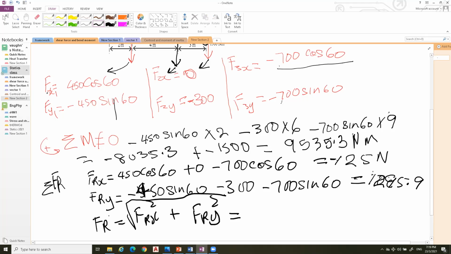Negative. All right. And as a result of that, you get minus 125 squared plus minus 1,295.9 squared, and then you take the root of that. What do you get for the result of that? What is the single resultant force you get?